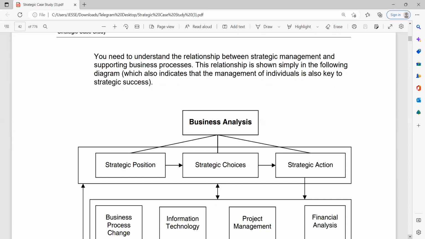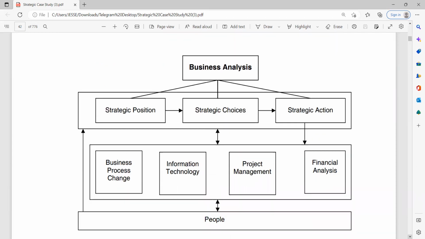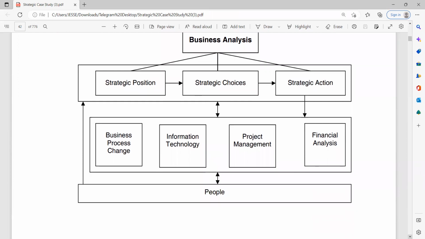For example, if you have a long-term plan of becoming the market leader in 10 years, what do you do? You go to the drawing board and set processes that will help you to achieve that. Very, very important. So let's look at this simple chart. Under business analysis here, you have strategic position, strategic choices, and strategic action, which we've talked about.